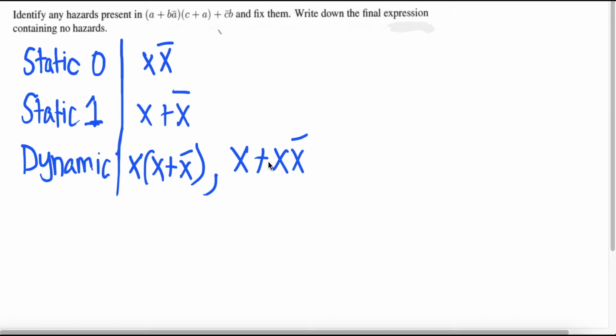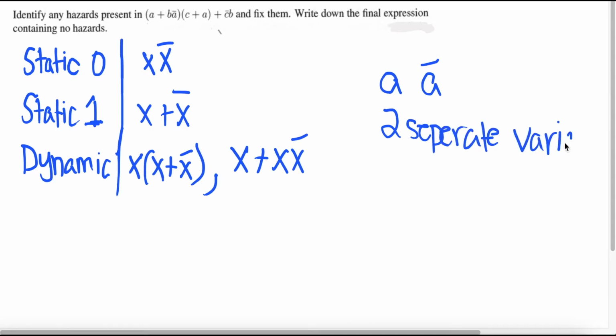Now, it's important to realize that if we have variables here such as A and A bar, these are two separate variables. So one is independent from the other, and we can't ever treat them as the same.